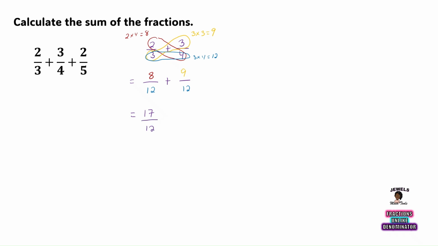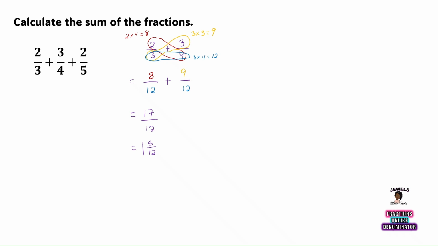At this step, you can decide to keep your fraction the same and work with it as an improper fraction, or you can simplify now instead of waiting until the end. Since I have an improper fraction, I'm going to convert it into a mixed fraction. My mixed fraction will be 1 whole and 5/12.